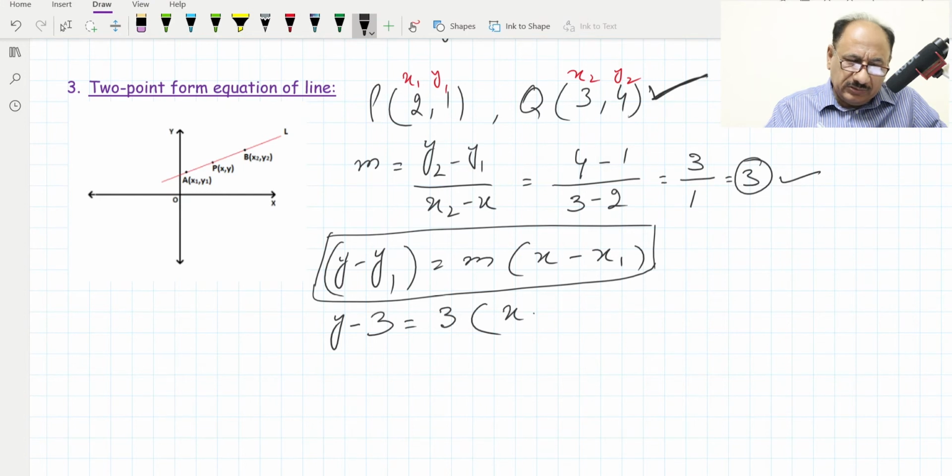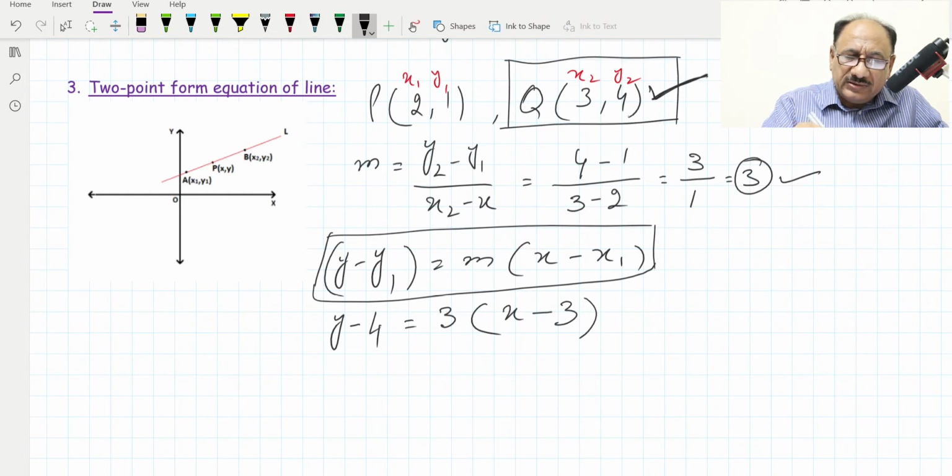This is y minus y1, which is 4, and x minus x1, which is 3. So basically I have taken this point Q and utilized this one as x1 and y1, and the m value is 3.